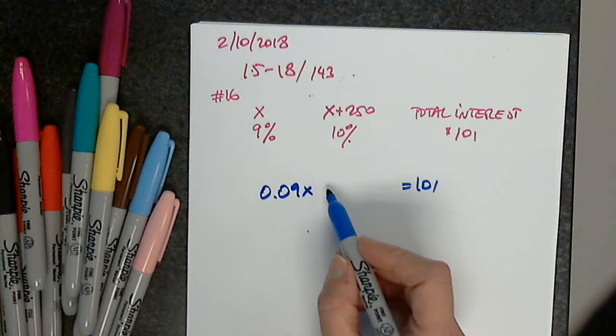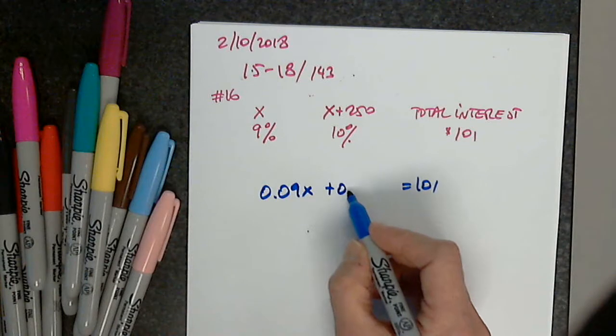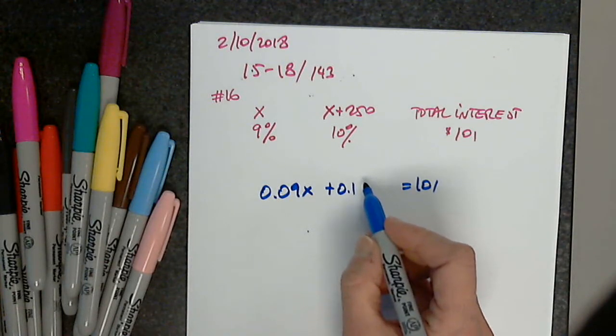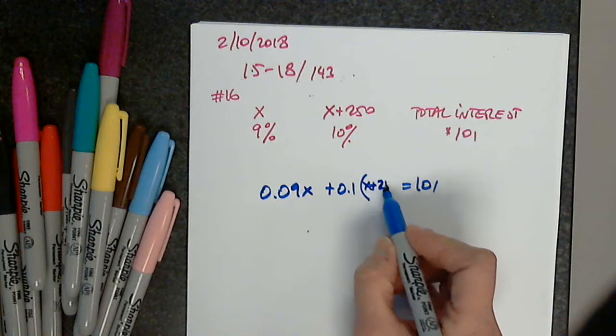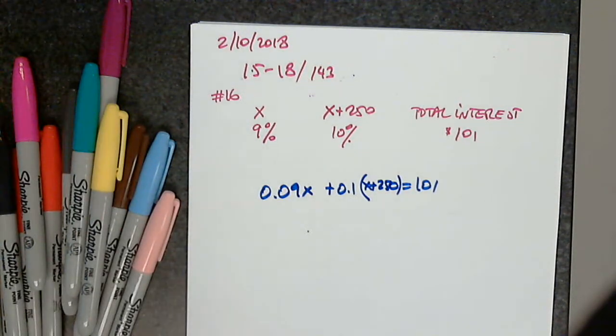Plus 0.1 times x plus 250. I usually multiply 0.1 by 2. We have parentheses. Thank you. Multiplying x plus 250. Exactly, because this is what we deposited at the second bank. We did not deposit 250, right? Very good. Do we understand this equation?